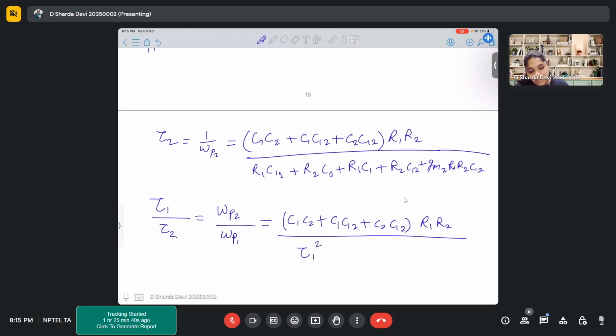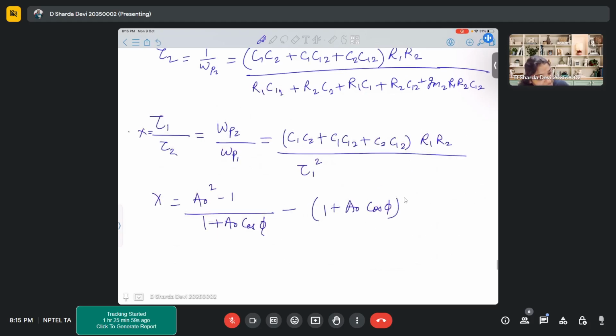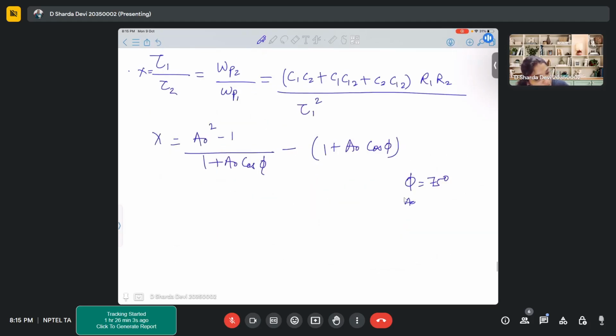So this is the ratio, and this is known as x. Again, you know the value of x. It is (a naught square minus 1) by (1 plus a naught cos phi) minus (1 plus a naught cos phi), and here your phi is given to be 75 degrees. A naught, you know, is GM1 GM2 R1 R2.